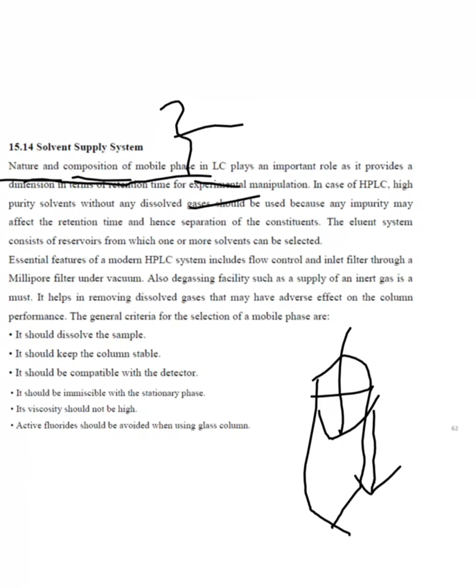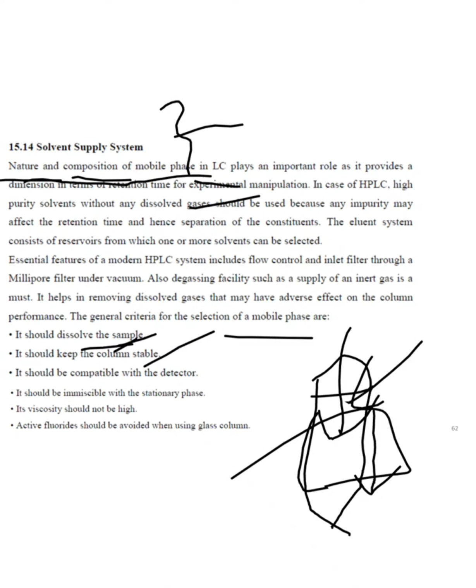Some of the general criteria for the mobile phase: the mobile phase is nothing but the solvent being used for eluting the sample. It should have the capability of dissolving the samples which are injected into the column, and it should keep the column stable. The column should not get dissolved in the solvents, meaning the adsorbent used in the column should not elute.